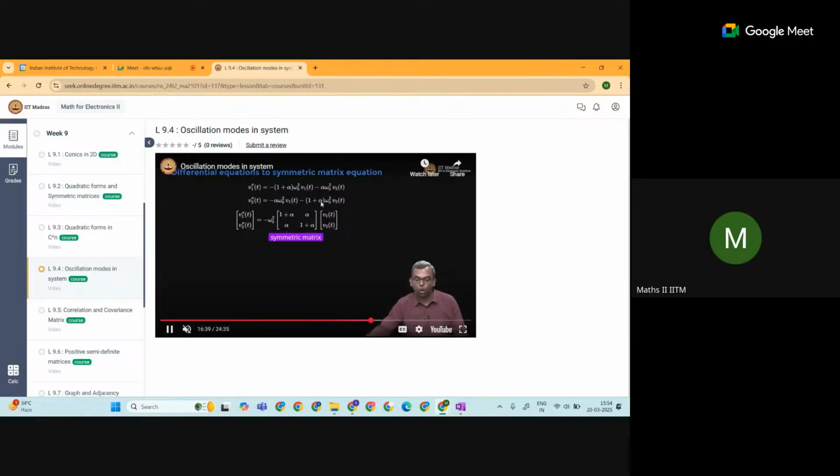We can form a matrix, like the quadratic form, where each term is of degree 2 and we converted it into matrix form. The same way, here we have a differential equation and we relate it to a matrix. That's why the quadratic form you studied now lets you relate to these differential equation matrices.